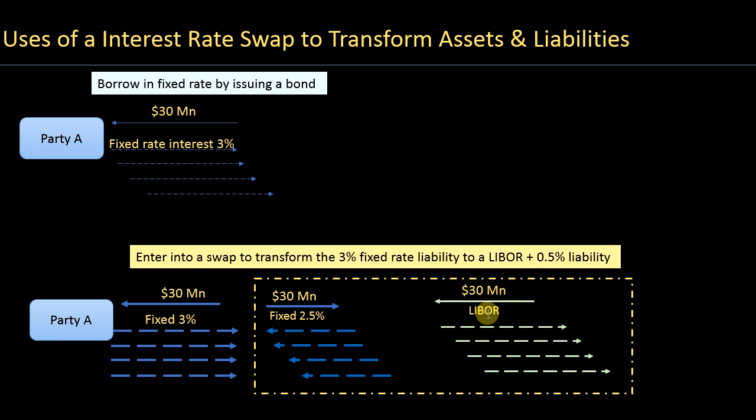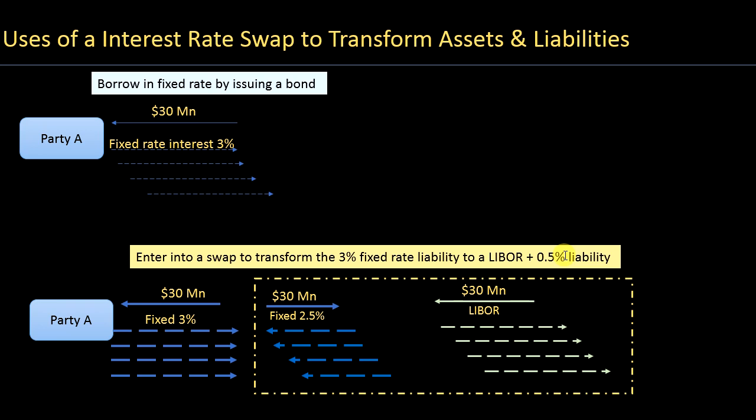If you take the net picture, these fixed rates will get cancelled off, because party A is paying 3% on the bond and receiving 2.5% on the swap. That means the net impact will be just a payment of 0.5% plus LIBOR. So party A has transformed the 3% liability into a floating rate liability of LIBOR plus 0.5%.